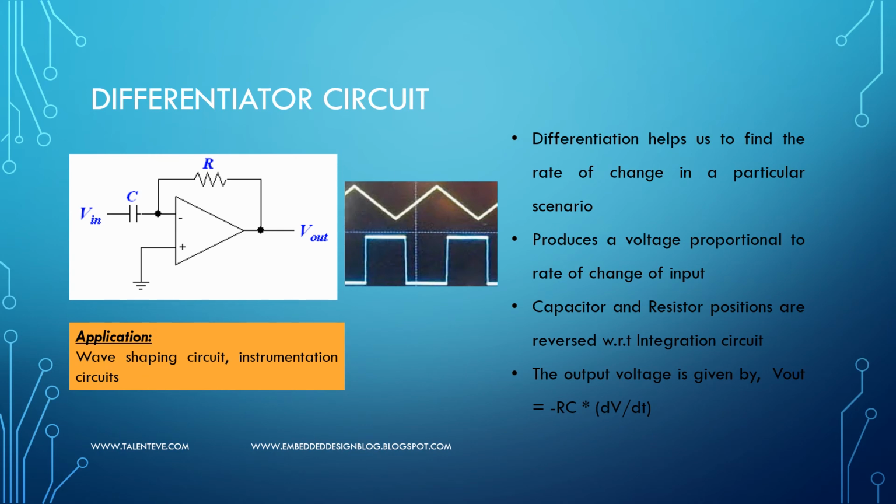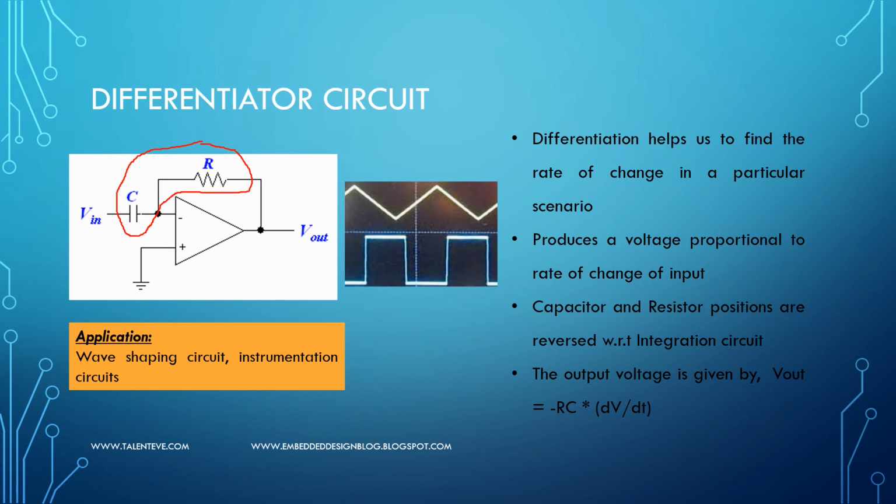There is one more called the differentiator circuit. The major difference between integrator and differentiator is that the positions of C and R are swapped, where R is in feedback and C is in series with the input. Going back to our college days, a differentiator helps to know how much change has occurred.